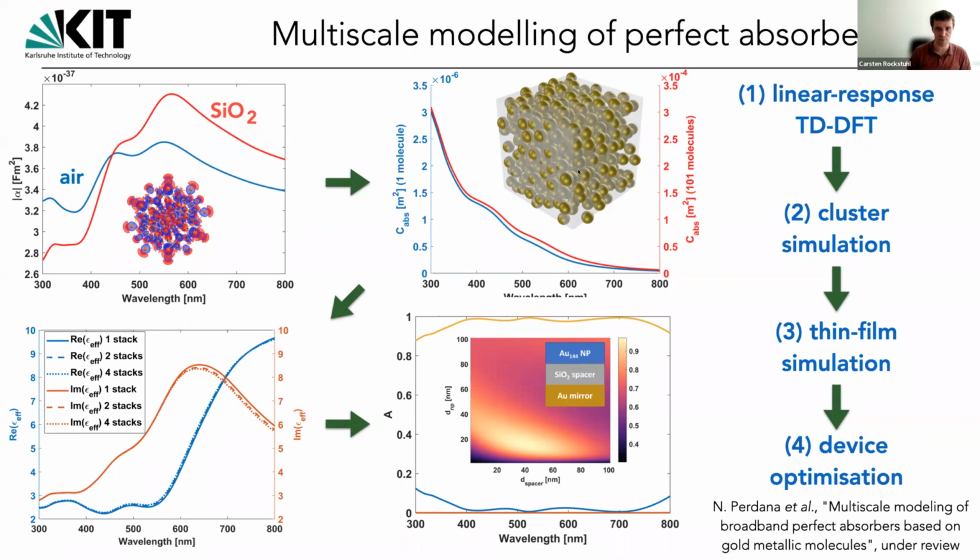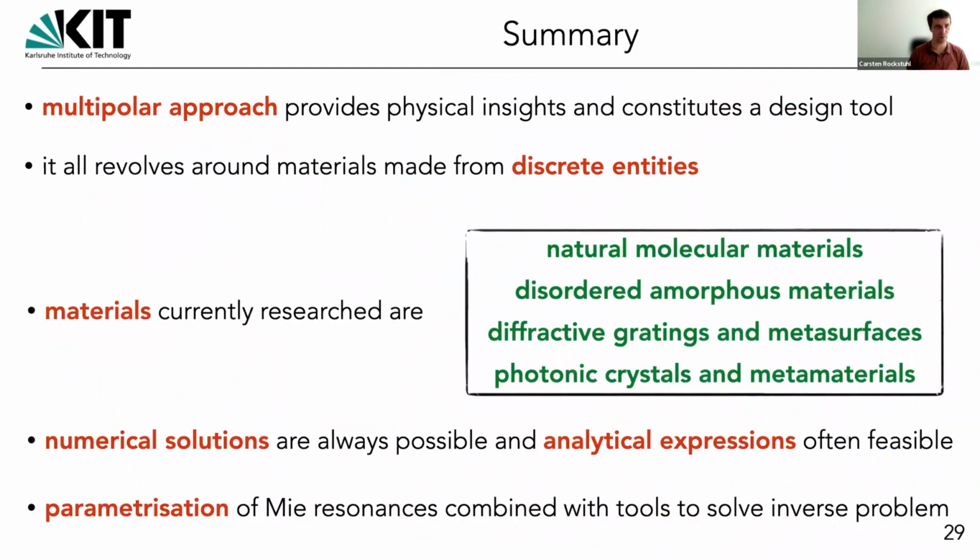We then assigned effective properties to this material, and with these effective properties we can design or optimize a perfect absorber that consists of a metal nanoparticle layer, a dielectric spacer, and a metallic back contact. This would be just another example of the same type of formalism that I've outlined before. So this brings me to the summary.